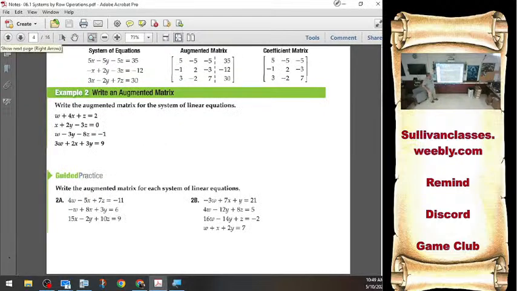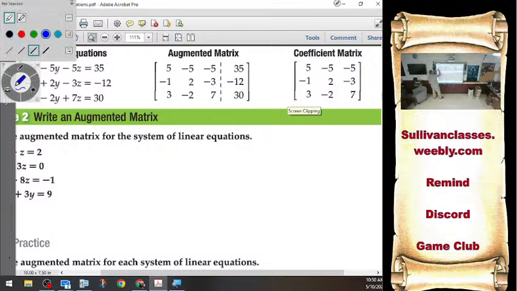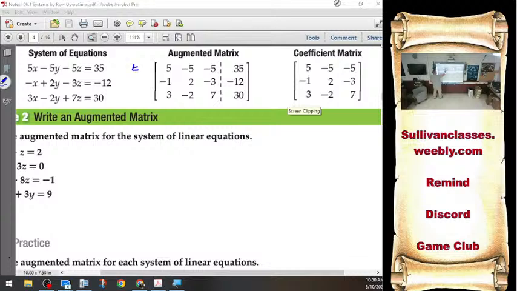Much like with synthetic division, we got rid of all the variable soup because everything was nice and lined up by place value or by exponent value. So why bother if I can just write all the numbers? Same thing's going to go here, where a matrix is used to organize information. It's effectively a table. This is equation 1, equation 2, equation 3 with x, y, z, and my constant.